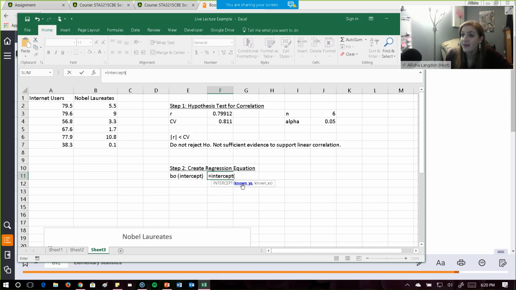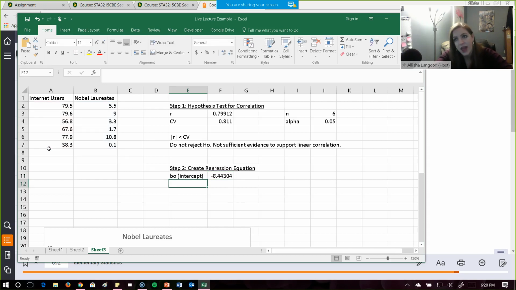Your y's have to come first and your x's have to come second. So make sure you're selecting your second column first and then your first column second. Make a note. Okay, enter. So it looks like the y-intercept is at negative 8.44.